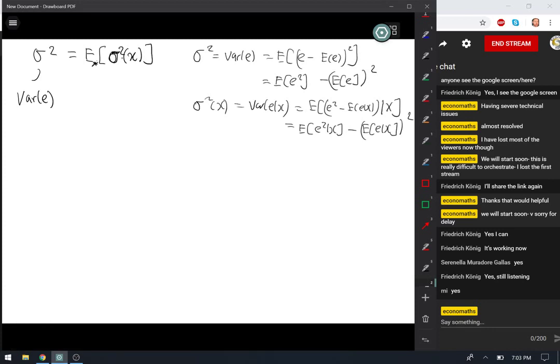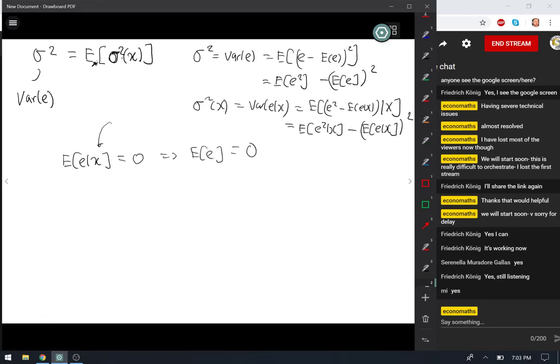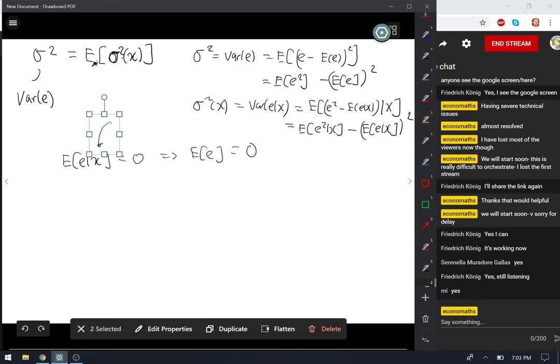We've assumed in our model that E[e given x] is equal to naught, and this implies that the expectation of e equals naught. You can see that by taking the average on both sides. This just says that the average of e for any x is naught, so of course the average of e overall has to be naught as well, and again that follows by the law of iterated expectations.